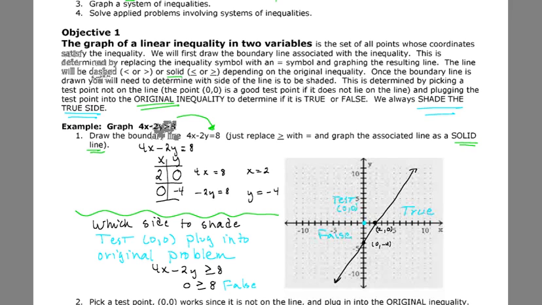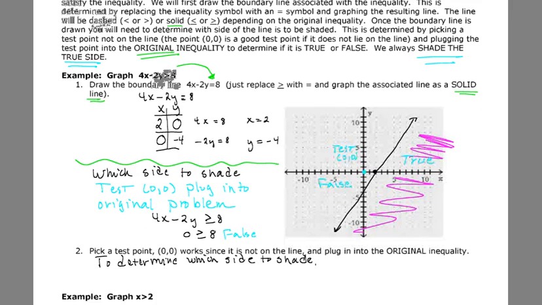So I'm just going to pick a color here and show some kind of shading on that side of the line. Shade the true side. So graph the line as a solid or a dotted line and then decide which side to shade. Let's look at the next one.